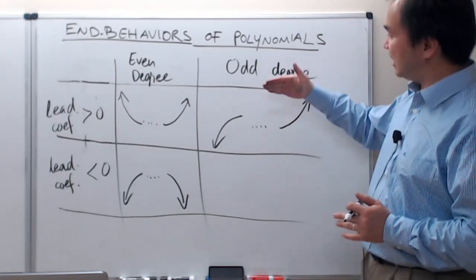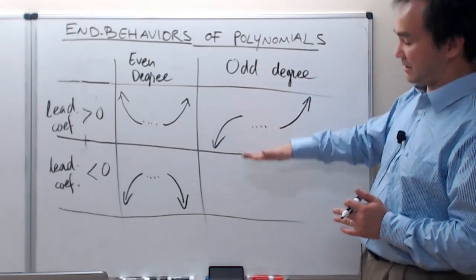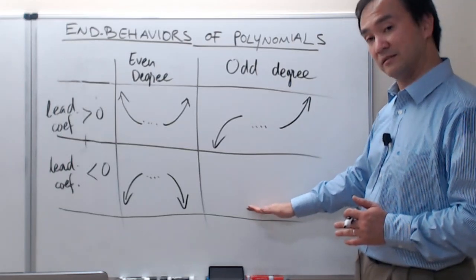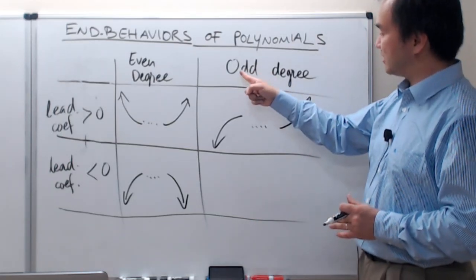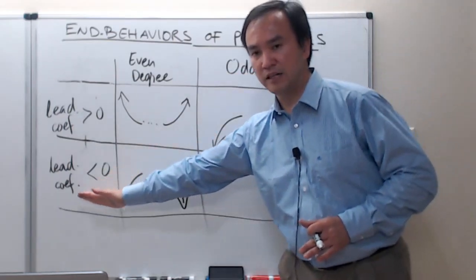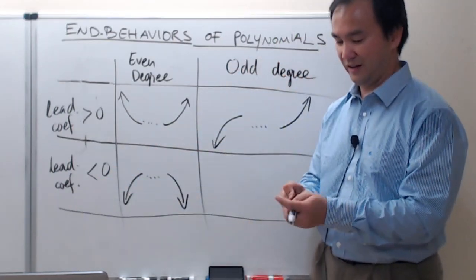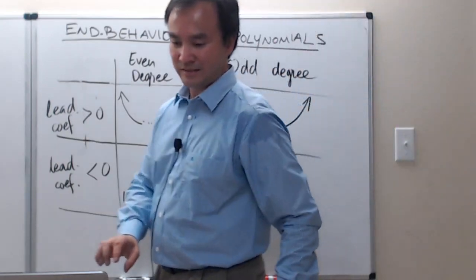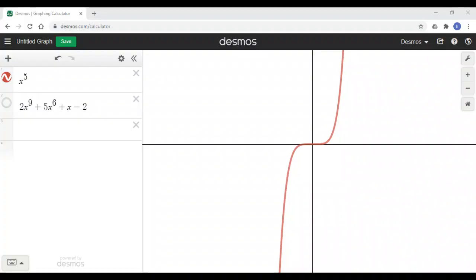Now let's quickly turn our focus to the other case, the very last case on this table. What happens when our degree is odd and combined with our lead coefficient being negative? Let's find out. Again, let's switch over to our screen here.